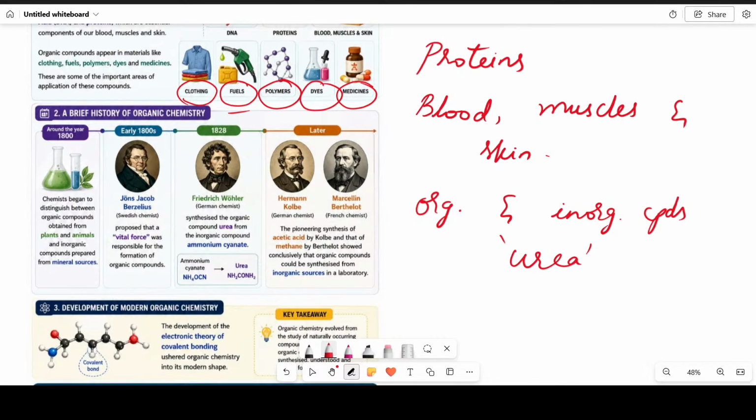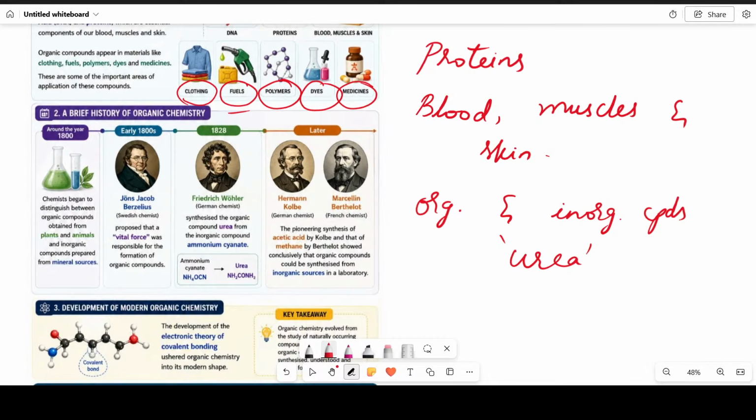So he said that organic compounds are not just obtained from plants or animals, but they can also be synthesized from inorganic sources.